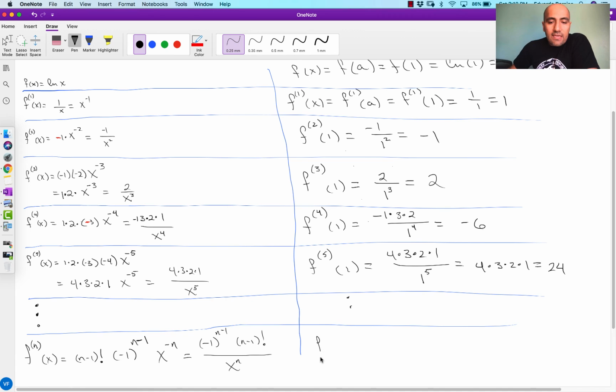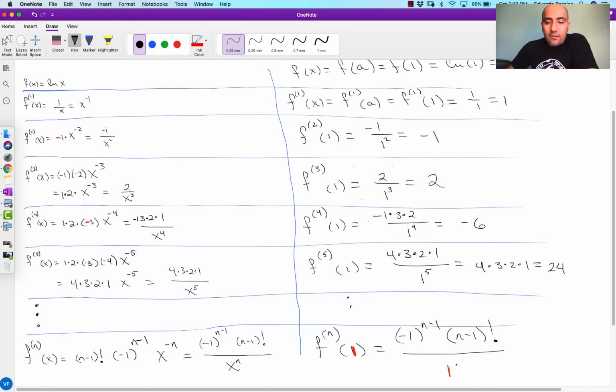So now the nth derivative, evaluated at 1, is going to be this thing where we let x equal 1. So it's just going to be negative 1 to the power of n minus 1, n minus 1 factorial, divided by 1 to the power of n. This 1 is the one that goes here, because I'm replacing the x.